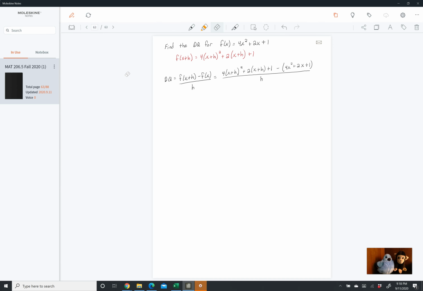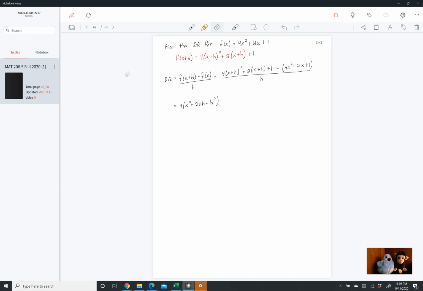Okay, now we get rid of a bunch of stuff, right? So you can do more than I do in a given step. Some of you would combine steps, but again, be careful. If you combine too many steps, then I'm not going to know where you went wrong, if you went wrong, okay? So some of you may distribute the 4 as you square. That's okay, but be careful.